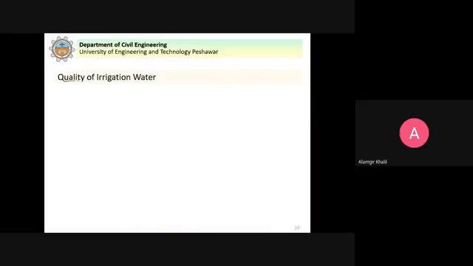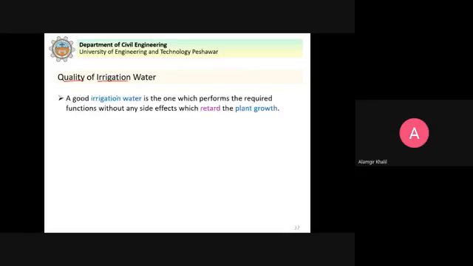Now we briefly discuss the quality of irrigation water. A good irrigation water is the one which performs the required functions without any side effects which retard the plant growth. You studied the quality of water in detail and the different tests that we conduct, physical, chemical, biological.